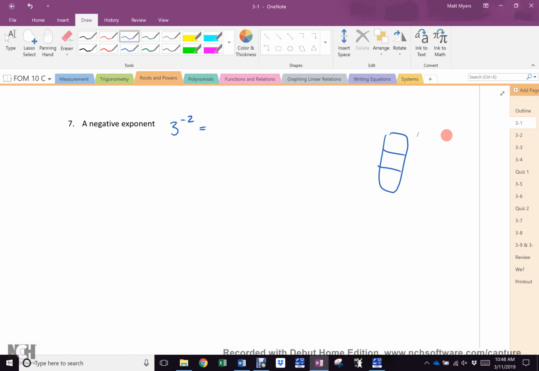Now, those of you who have seen negative exponents already know the answer to this. But if you haven't seen a negative exponent, can you think of a way to draw this? It makes no sense, does it? You can't multiply something by negatives because negatives aren't really there. Is everybody with me? Okay, so this makes no sense. So it's not allowed.